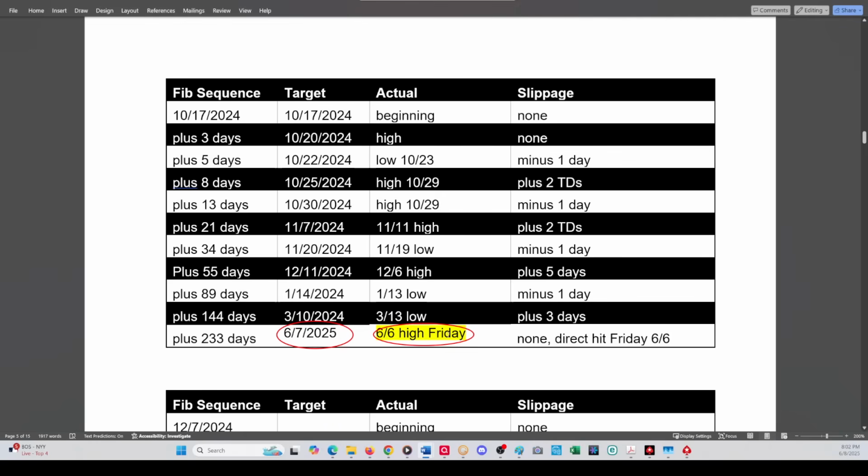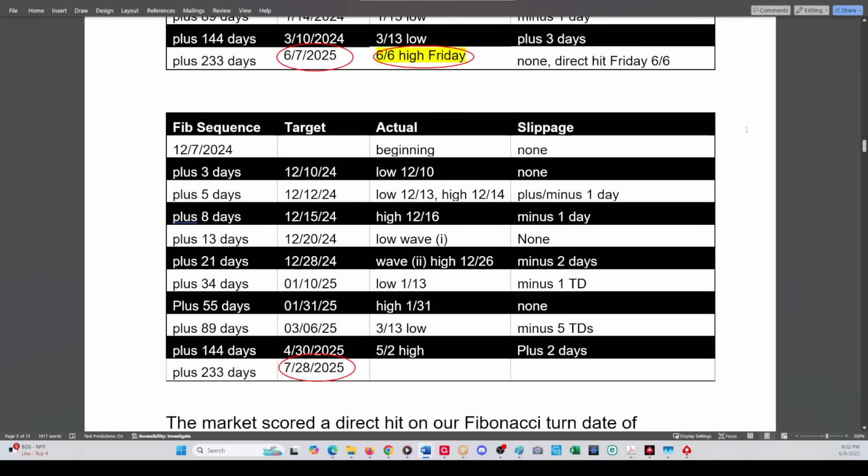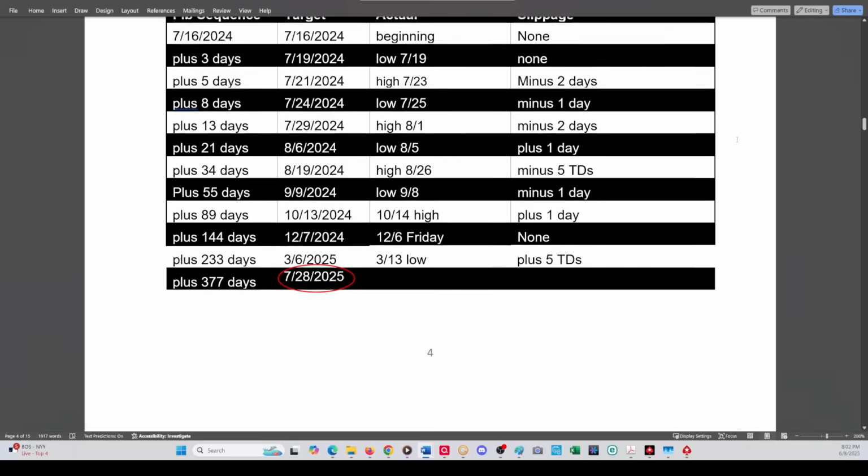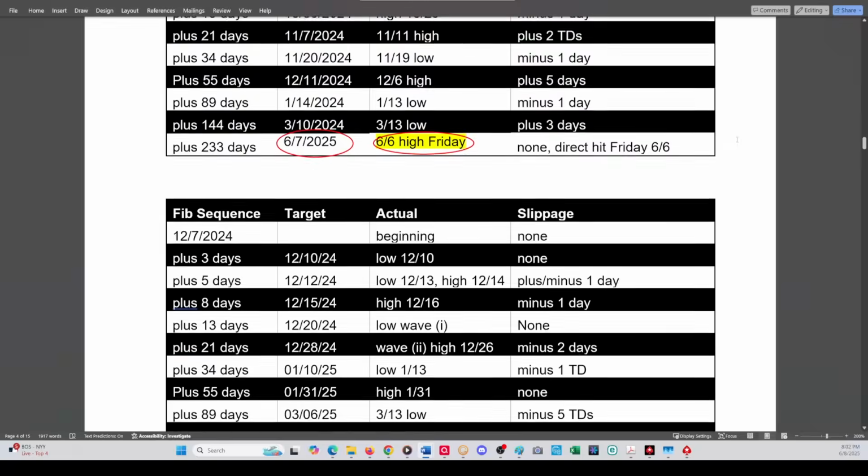The S&P cash, which this is based on, doesn't trade on Saturday, so far it has topped, at least a near-term top, on June 6th, the next closest day possible. Then we have another on July 28th. So we have 2 different spirals pointing toward July 28th. That'll be interesting to see how that plays out.